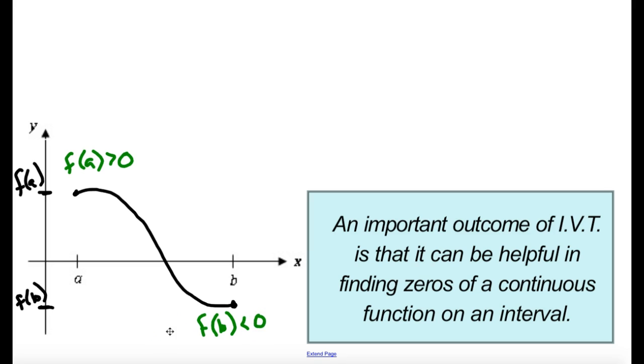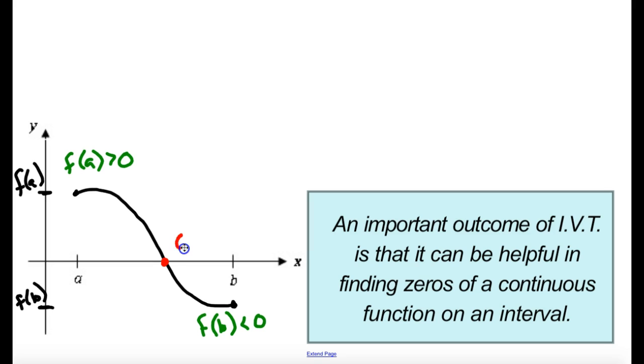Whenever that's the case, if we know for sure that we have a continuous function on a closed interval such that one of the endpoints has a positive y value and the other endpoint has a negative y value, then we are guaranteed that we will end up crossing the x-axis. We will have a 0 somewhere.